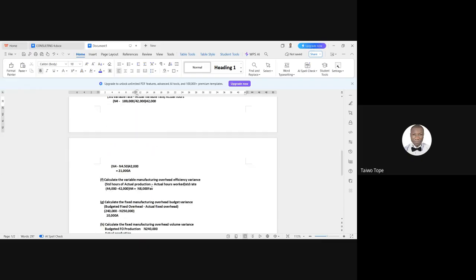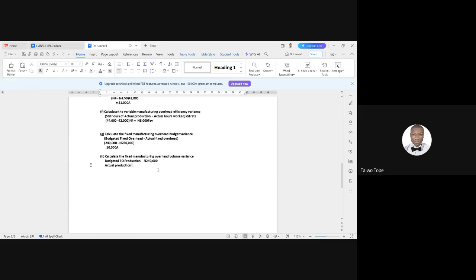Fixed manufacturing overhead. I will just show it in two ways. Actual fixed overhead production. For you to get this actual fixed overhead production, it will be what?